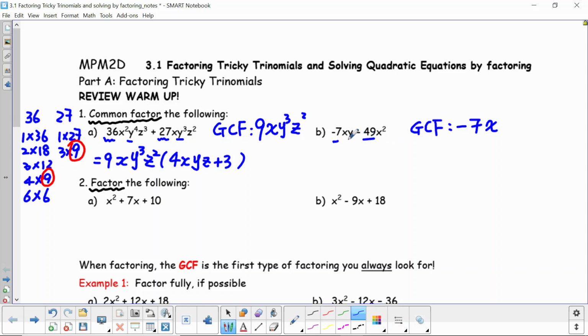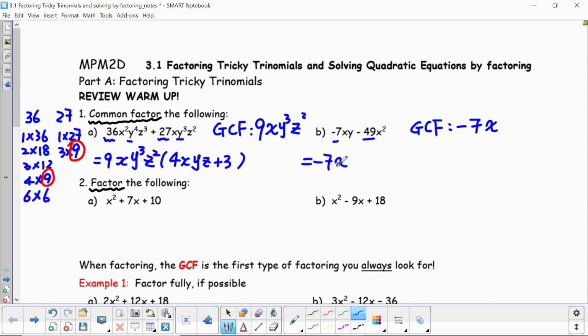You need to make sure both terms have that variable, then that variable is a common factor. If only one term has variable y and another one doesn't, then variable y is not a common factor. So the greatest common factor is negative 7x.